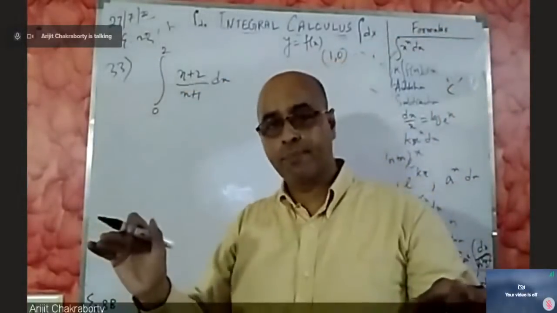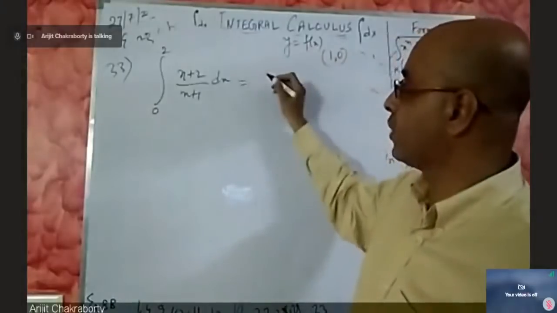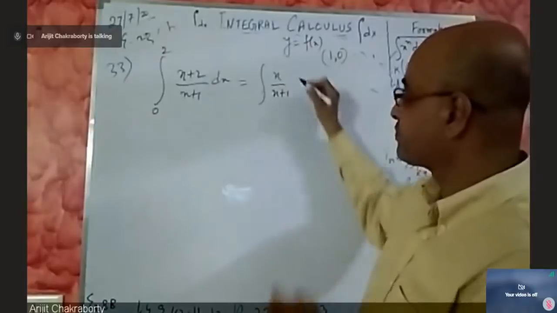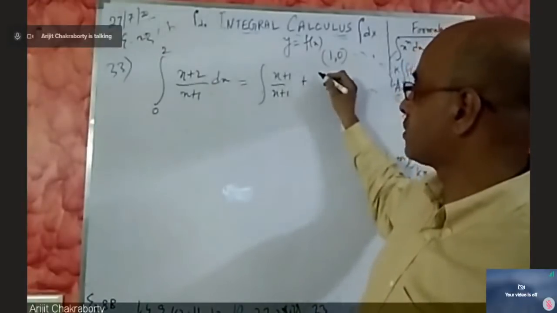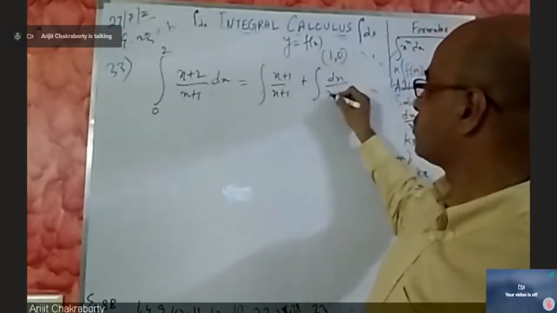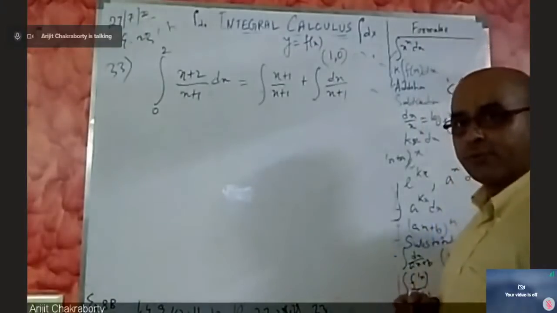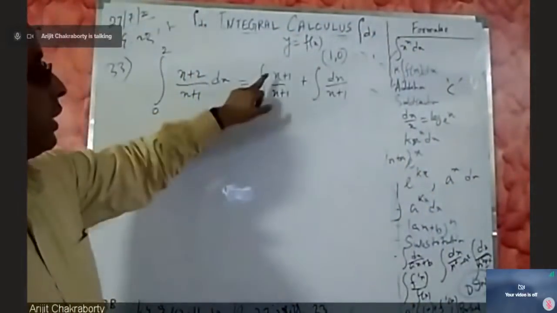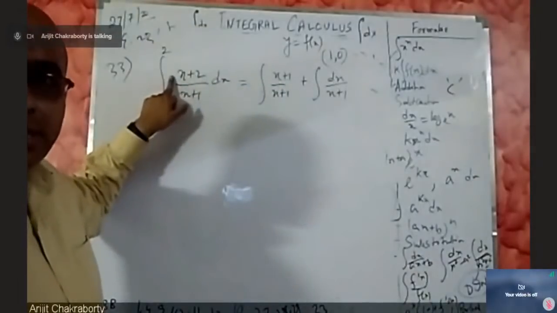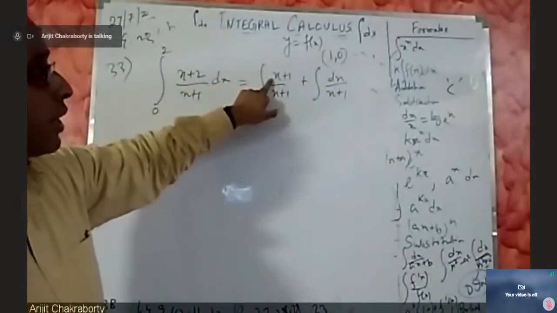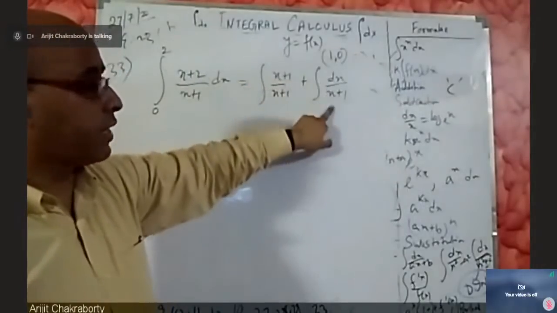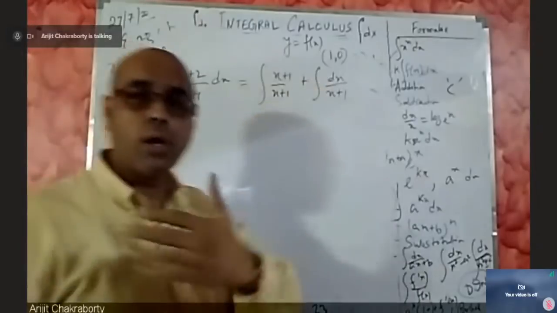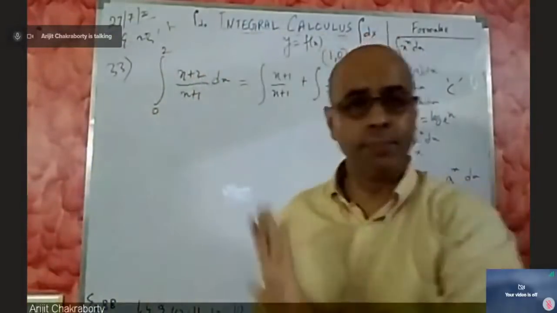So we split. What I do is I write in this way, x by x plus 1 plus dx by x plus 1. See if you understand this step, how I have broken it up. The numerator is x plus 2. Here I have got x plus 1, plus 1, because dx by x plus 1 means 1. So I have got the numerator. Simple.